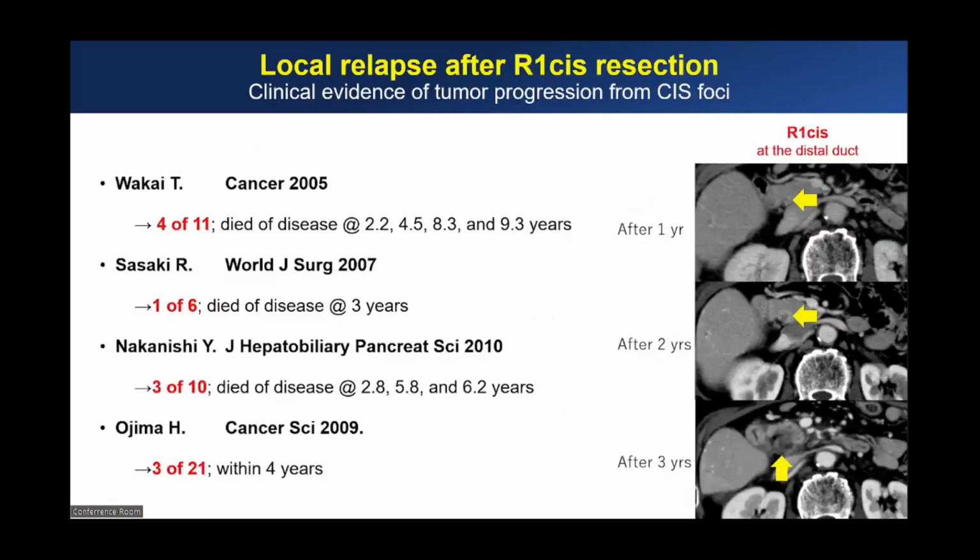Previous studies reported that a part of R1 CIS patients, not all, eventually died of local disease relapse. This finding suggests R1 CIS has a potential ability to grow into a progressive tumor mass as a positive ductal margin.